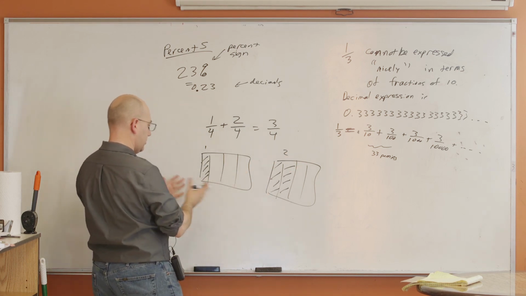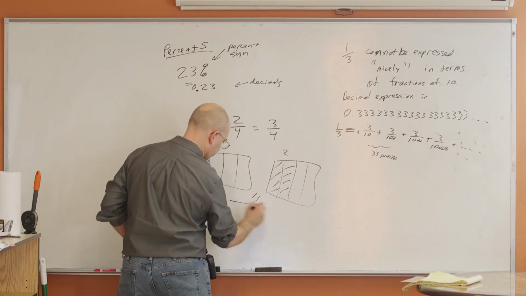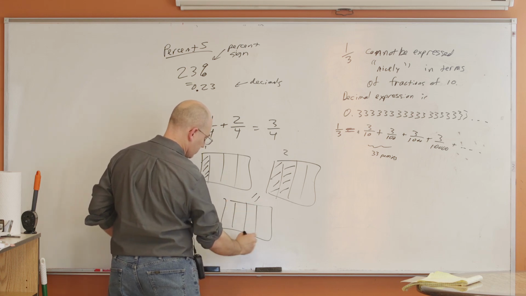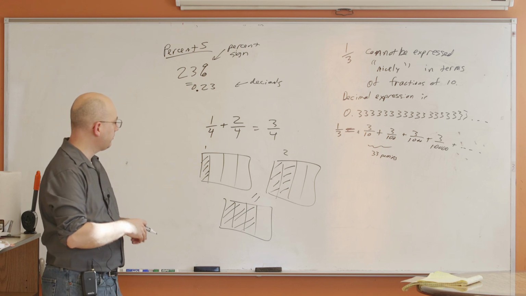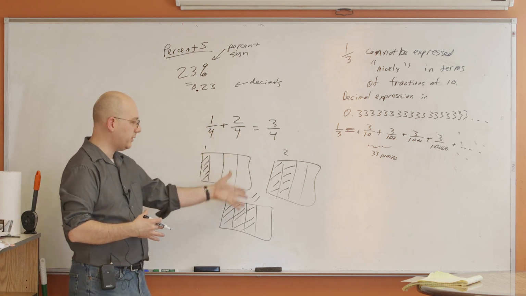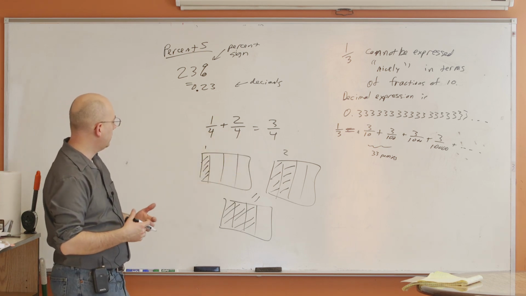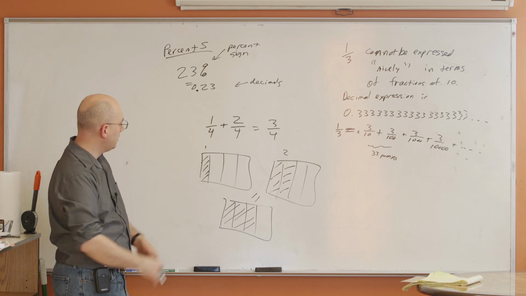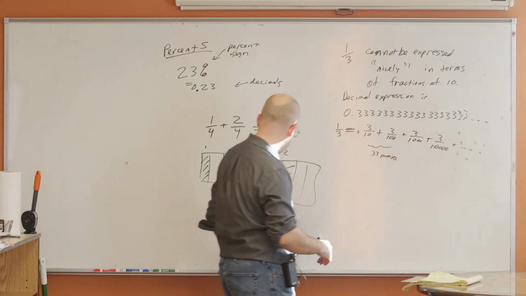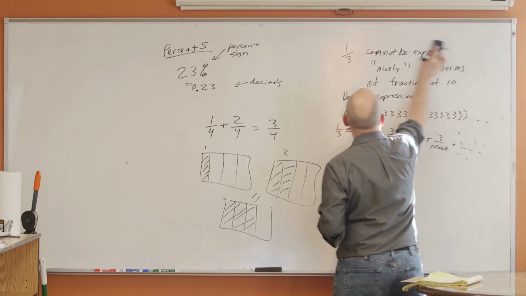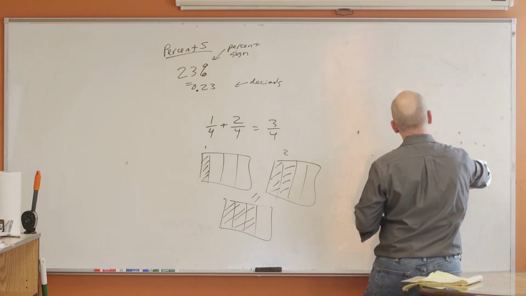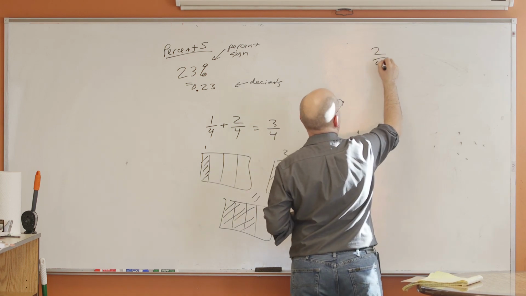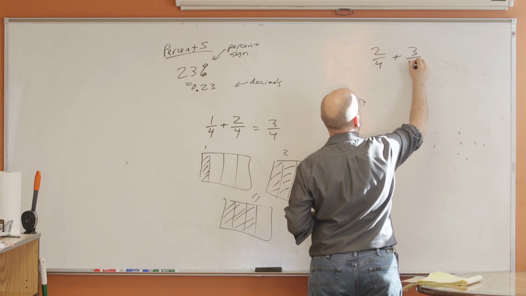I put them together, I'm going to have 3 areas. So that's what this means. Divided these things up into fourths, add them together, and that's what we get. What happens if I were to do 2/4 plus 3/4?